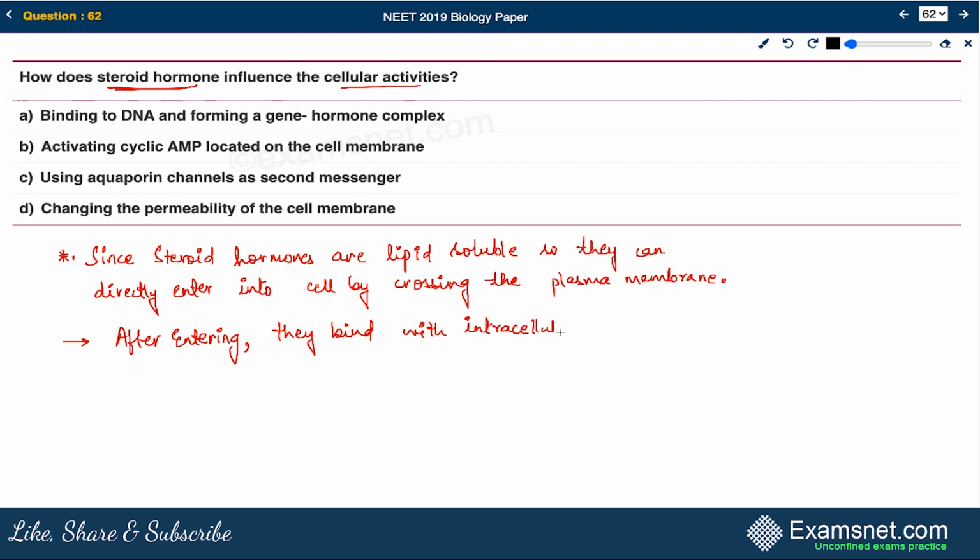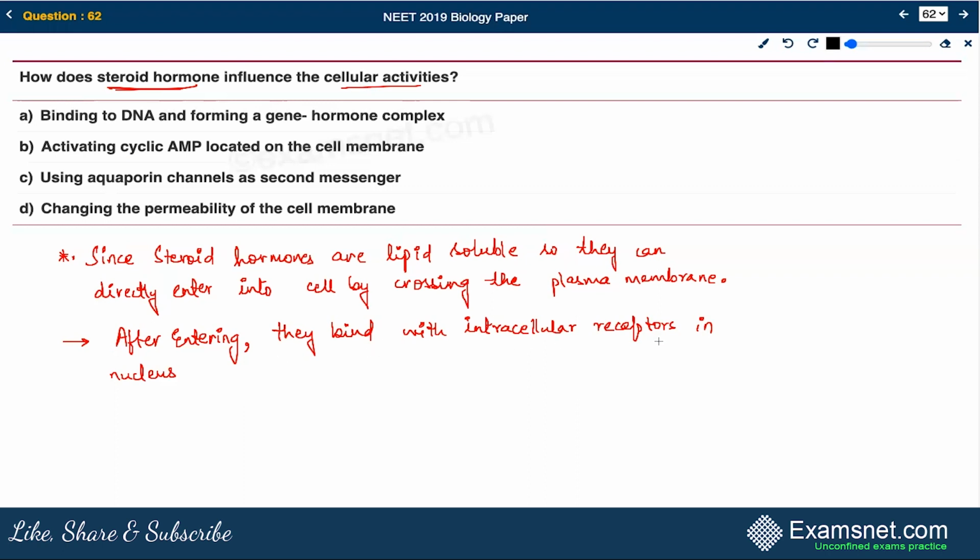So that's why they need to bind up with the intracellular receptors that are found in the nucleus. All right, and once it binds there in the nucleus, they are going to form a hormone receptor complex.